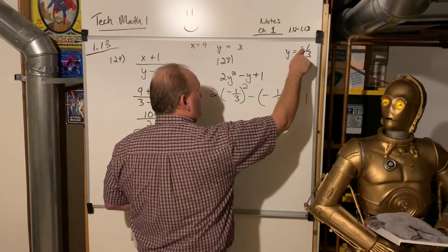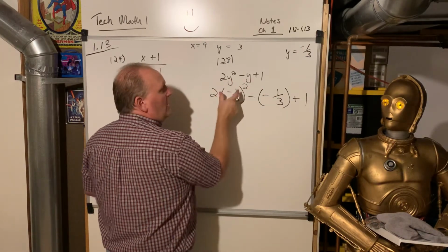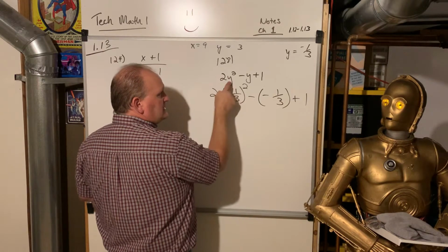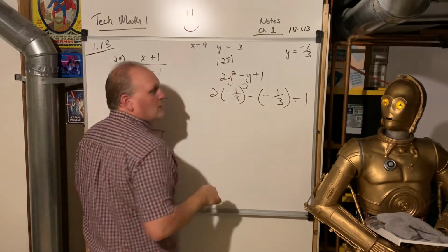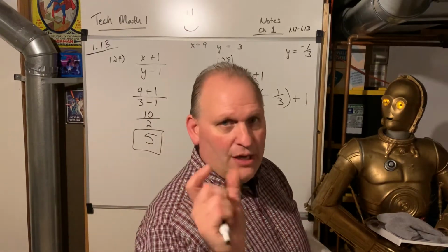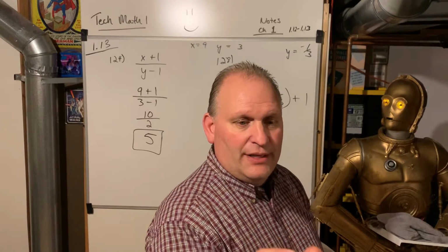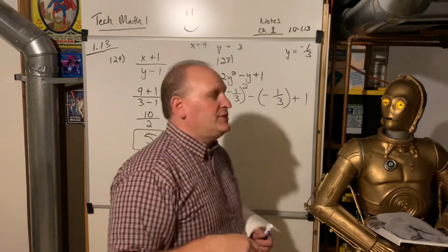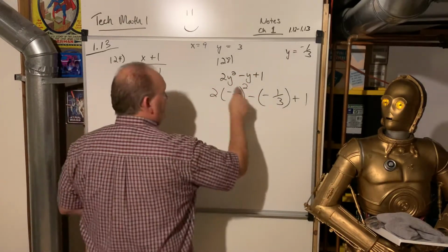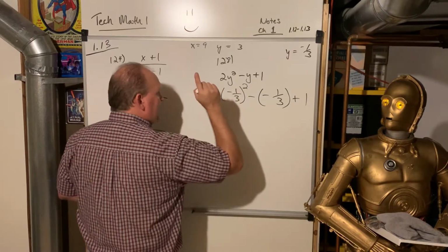So note, we put the negative 1/3 where there was a y and where there was a y. I automatically put it in parentheses when it's got a power on it. Whether it's a squared or a cubed or a fourth power, if you're going to insert a number where a variable was, make sure you put the parentheses on it because that should affect the negative, all right? So what is negative 1/3 times negative 1/3?